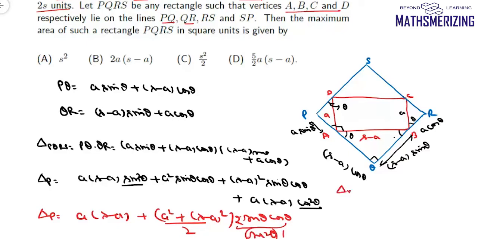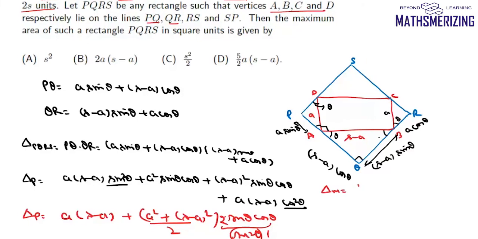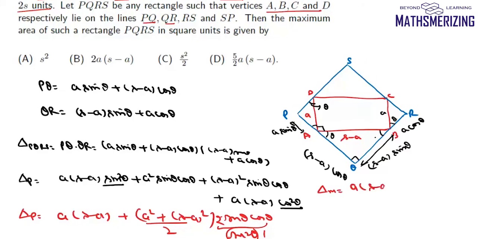So the maximum area of this rectangle will be a into s minus a plus 1 by 2 into a square plus s minus a whole square. So I'll take this 1 by 2 common.